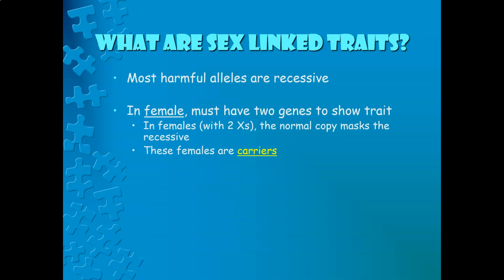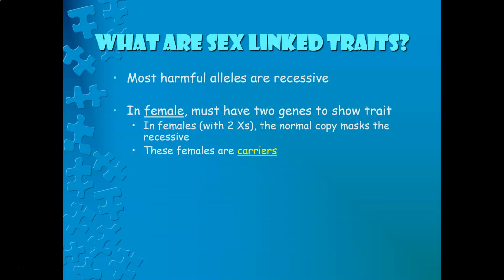But here's the thing. In females, they're the ones who get those two X's. So they are actually capable of being that traditional heterozygote individual where they have an X that is dominant, an X that is recessive, and as a result, that dominant X can mask the recessive one. So they can be those traditional carriers that we have mentioned before.